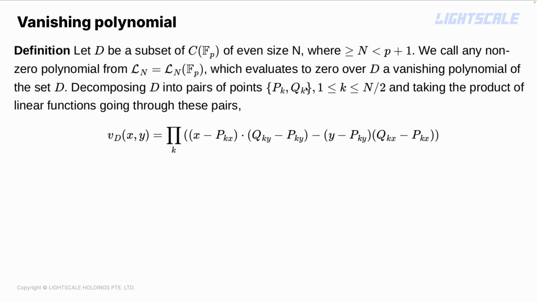Yes, I mean we can divide into any kind of pairs. Actually, D should be even sized so that we can divide into pairs, right? So we can randomly divide into pairs.